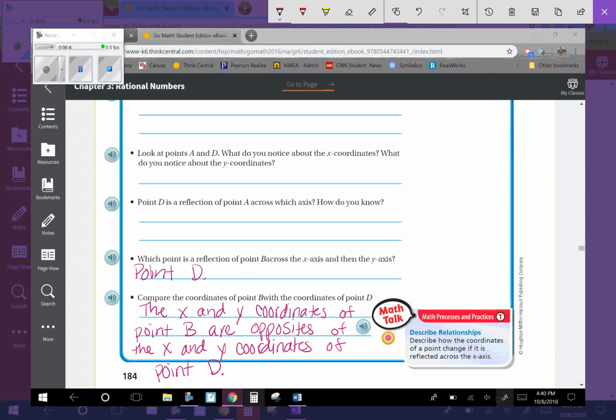So 5 and -5 are opposites, 4 and -4 are opposites, which means both the x and the y coordinates are opposites.